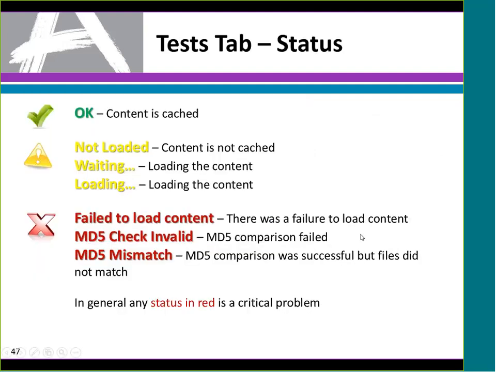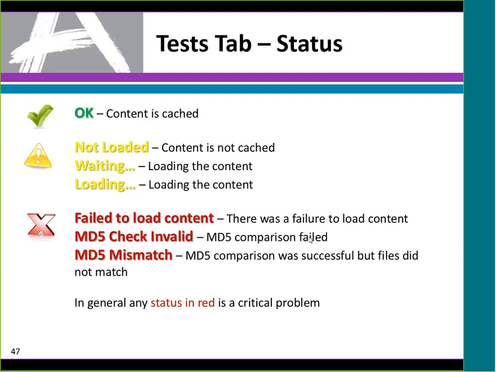Here are some of the statuses that you'll see. Green and yellow are always fine. This just means it's doing something, it's not done yet. The red is where you might have to start recaching some content, or if you continuously see some errors, then you'll probably want to get in touch with our level 2 tech support, because they can look into some log files and see what's going on there.